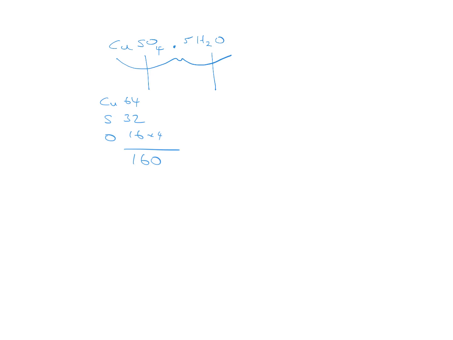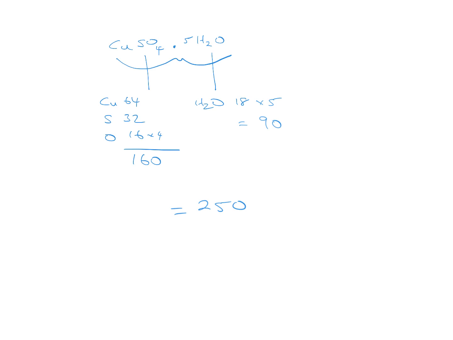Next, I work out the total mass of the water. Water is 18, and I've got 5 of them. You can see here there are 5 water molecules. So it's 18 times 5, and that equals 90. Now I just simply add these two numbers together. So it's 160 plus 90, which equals 250. So that's the relative formula mass, or the Mr, of hydrated copper 2 sulfate.